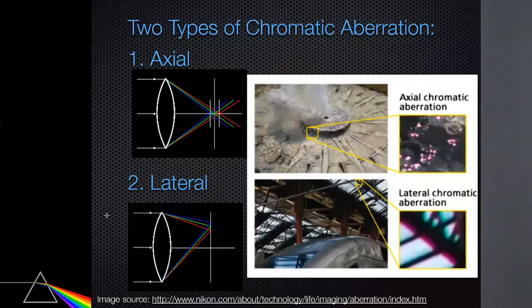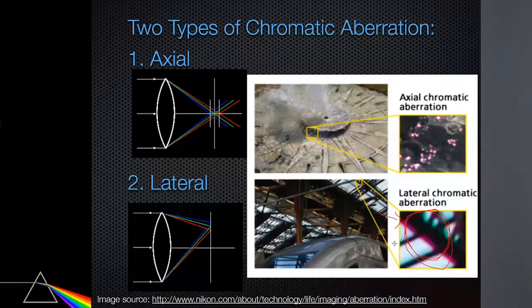There are a couple of diagrams there that illustrate the effect. I am almost positive that you, at some point in your life at least, have seen this sort of thing happen, where you've got this red, not red, but more of a bluish magenta, and then cyan color fringing some of the objects in your photo.